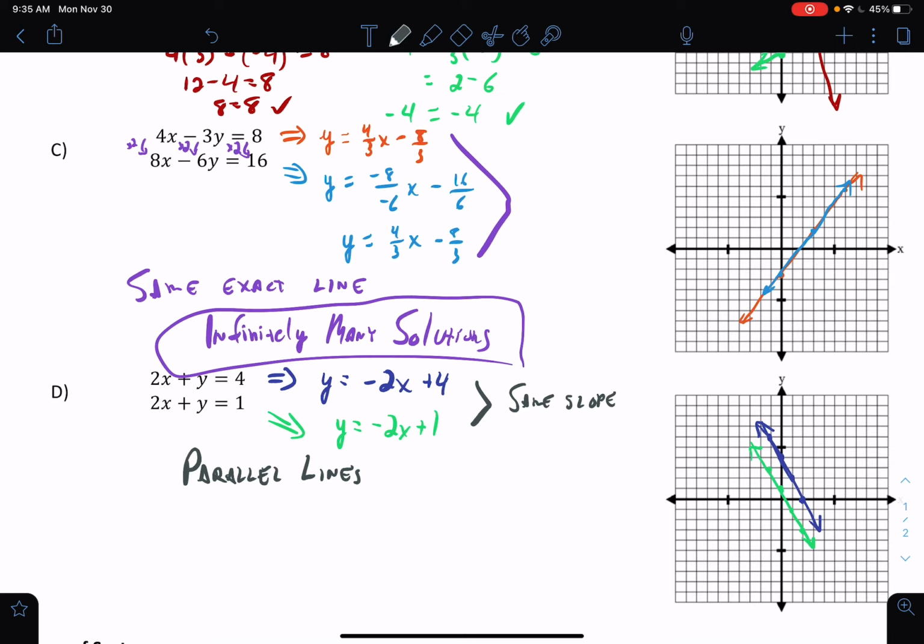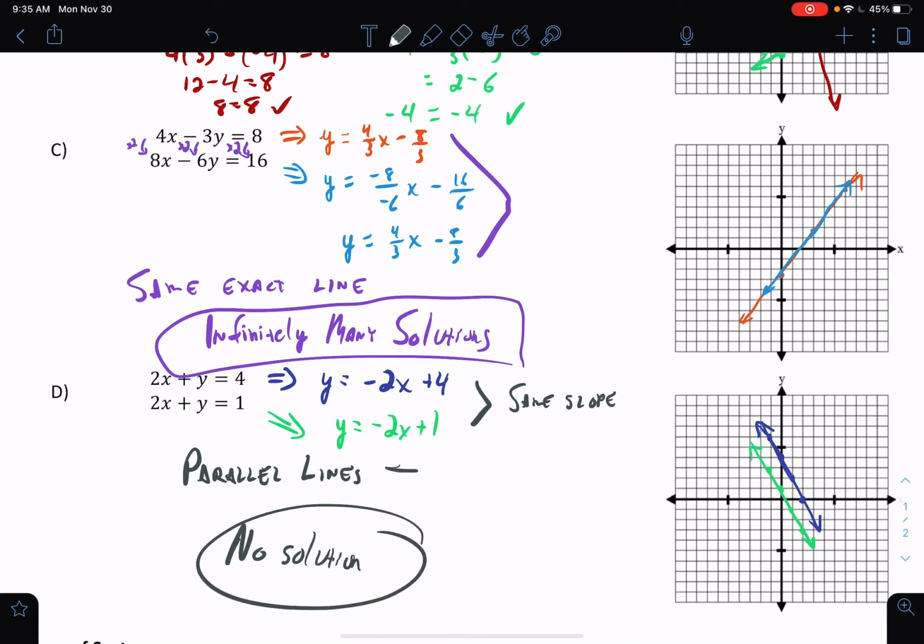No. Therefore, will this system ever have a solution? No, they will never intersect. So this is no solution. That's another type of weird one compared to part A and part B.